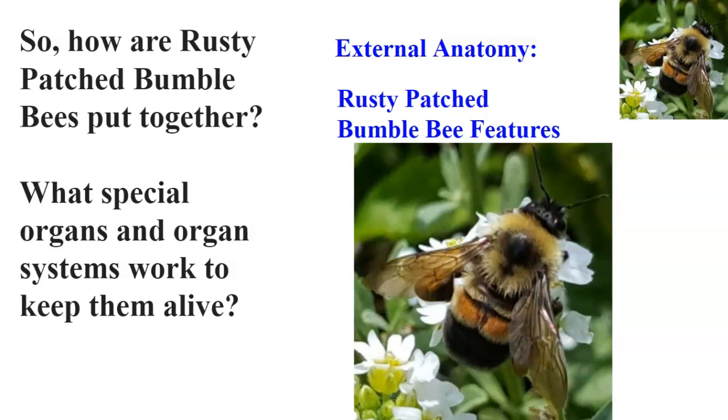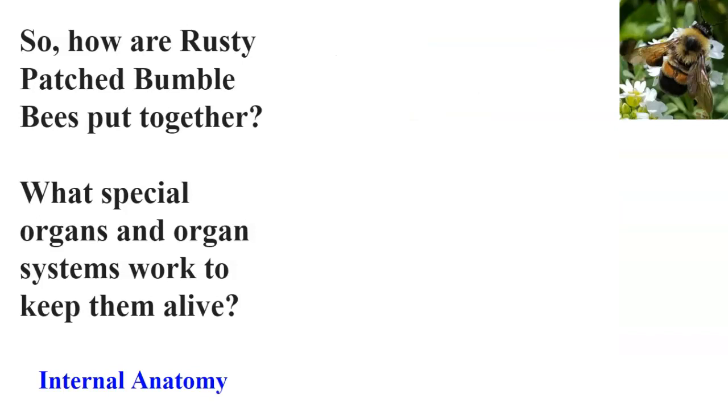And then the second segment on its abdomen has yellow colored fuzz, which is common to a lot of species of bumblebees, but the rusty patch has that rusty section within there too, and that makes it a little bit unique.